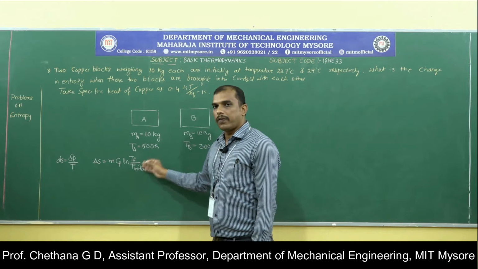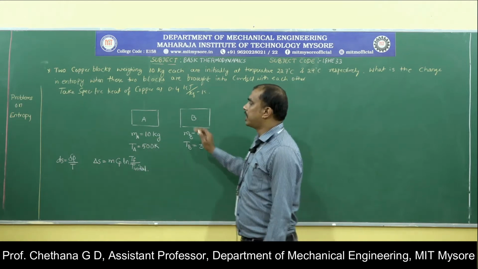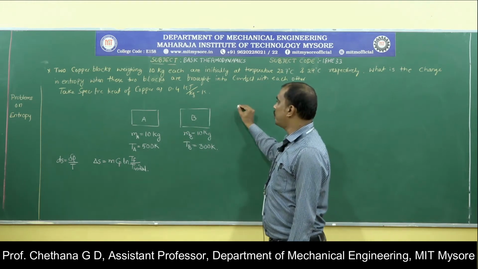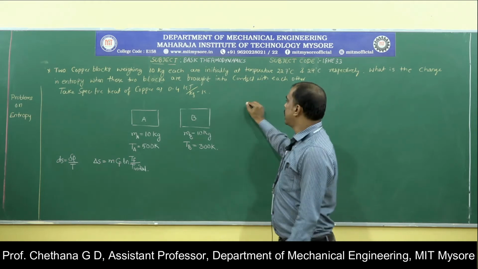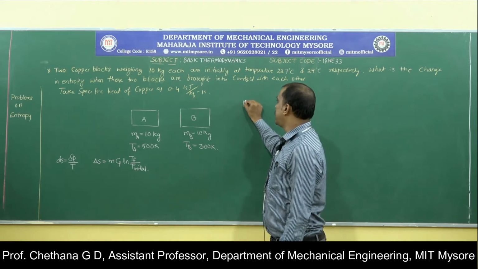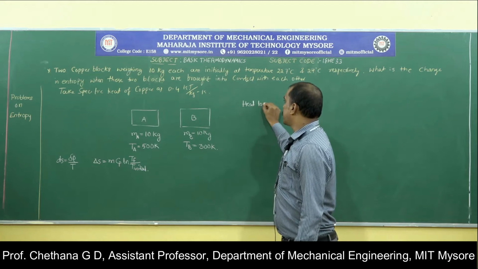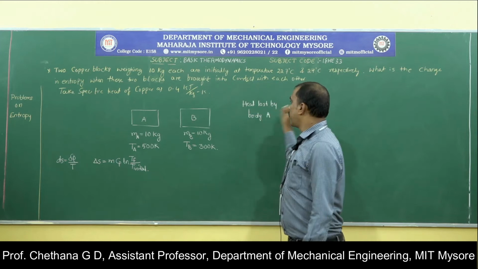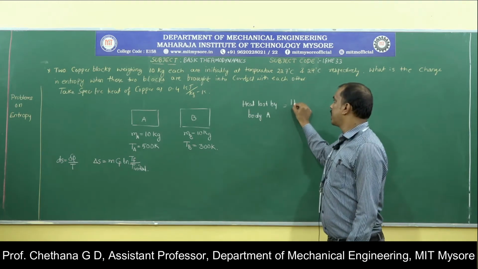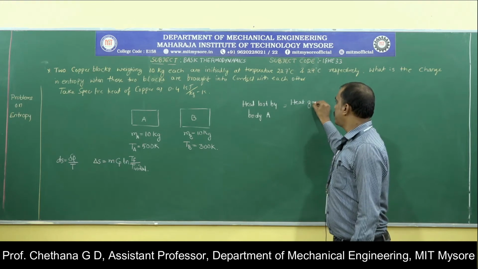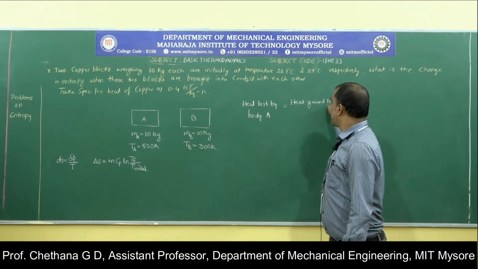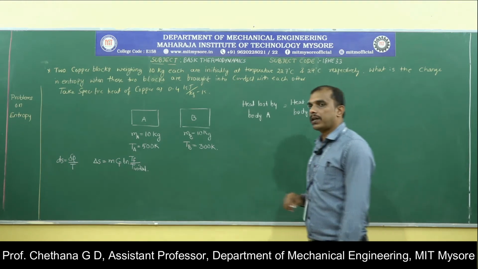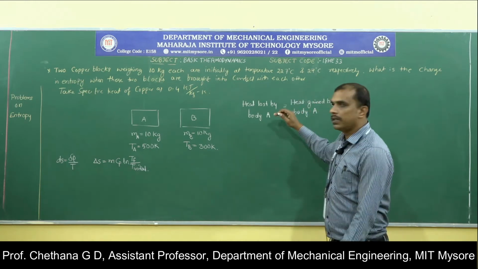Now if we have T final, the final temperature, we can predict the change in entropy of body A and of body B. In order to do that, we need to use a heat balance: heat lost by body A must be equal to heat gained by body B. A simple energy balance which we are doing, if it is isolated from the surroundings, this has to be satisfied.